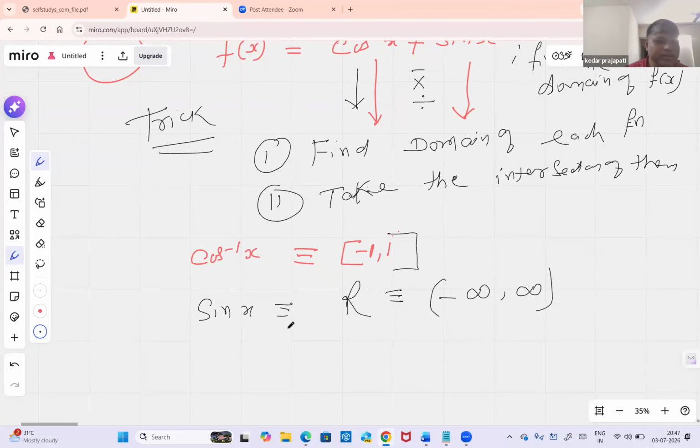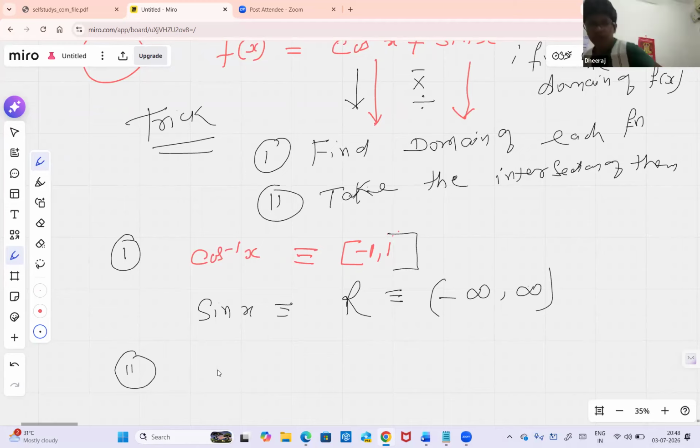Now, what is the domain? What did I say? Find domain separately. So step one is done. Now I want to take the domain. So this will be -1 to 1 intersection all real numbers.